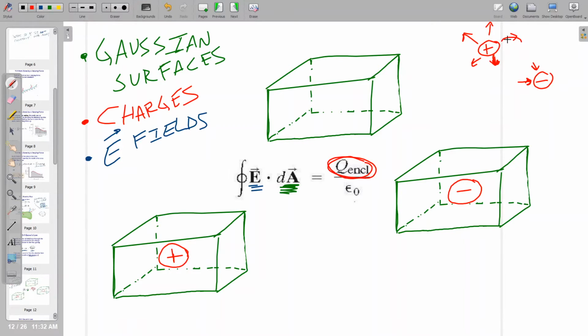I can think about it as a leaf blower or something blowing air out. And I can think of this negative charge as a vacuum, right? It's sucking air in.